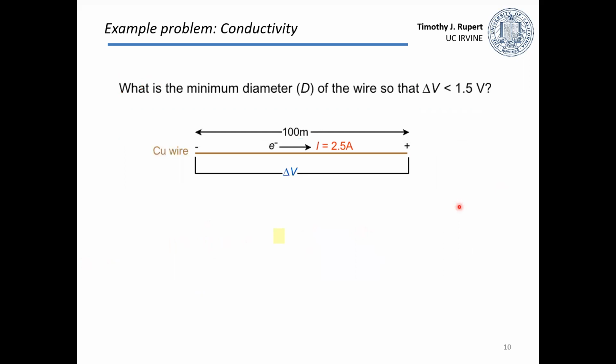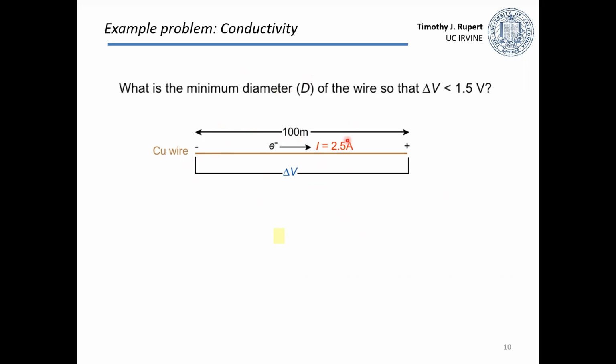Just as an example of where this can be useful in a real engineering sense, say you had a wire of copper and you knew how long it was. In this case, it's 100 meters, a long distance, like trying to connect two houses. You know you want a certain amount of current to go through that.